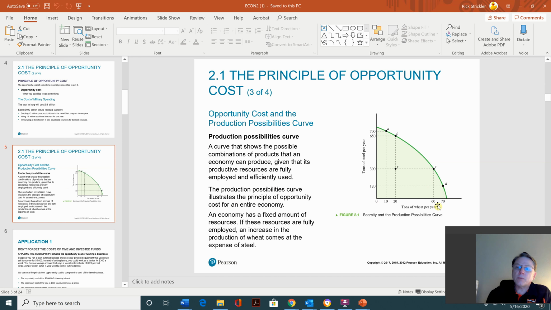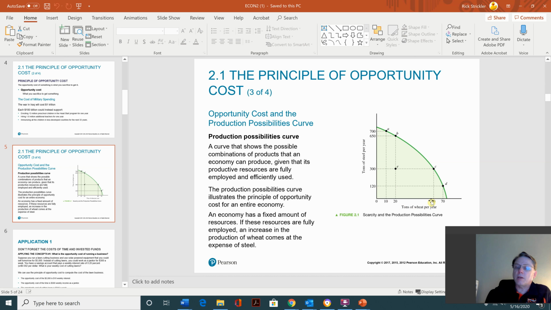Now this one is just for scarcity of production possibilities. So this is tons of steel per year, and this is tons of wheat per year. So it's saying you can only produce steel or wheat in this example. For every unit of steel you lose, you gain wheat, and vice versa.